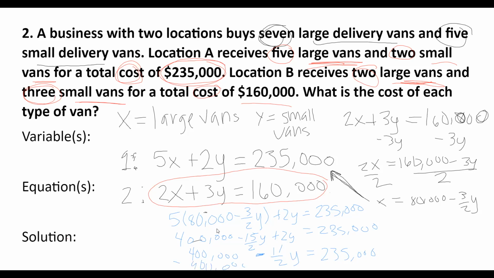And yes, you will get a negative number. I'm going to have to move over to another section because I'm running out of room. If you have room, continue writing in line. I'm only moving over because I ran out of room. That's going to equal negative 165,000.